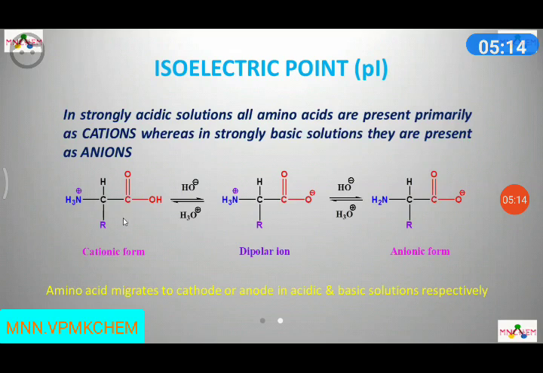Now, when we put this amino acid in a solution, it is found that depending on the pH, it migrates towards the cathode or anode. If the solution is acidic in nature, the amino acid will migrate towards the cathode. Whereas if the aqueous solution is basic in nature, the amino acid will migrate towards the anode.